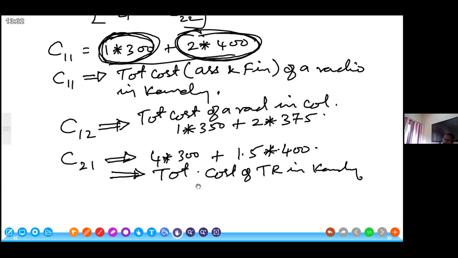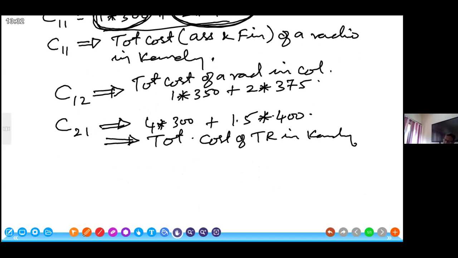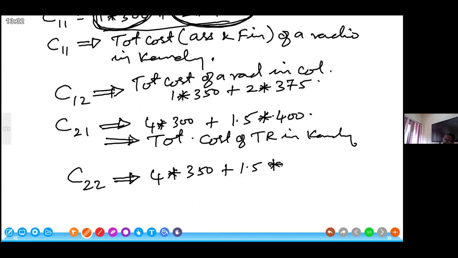The last one, C22. If you calculate the value 4 into 350 plus 1.5 into 375, you can get the value.